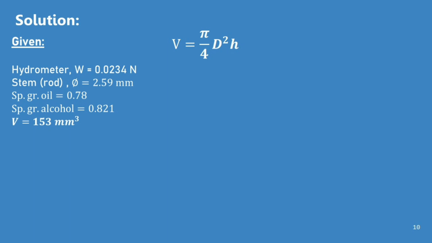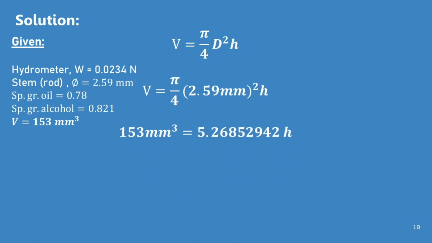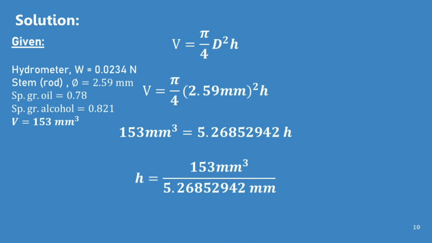We have the hydrometer weight 0.0234 Newton, the stem rod's diameter 2.59 mm, the specific gravity of oil and alcohol, and the volume we acquired for the cylinder, that is 153 cubic millimeters. Plugging all this into the formula, we can now get the height difference, that is 29.04 millimeters. That is the height difference between the hydrometer submerged in alcohol and that in oil.